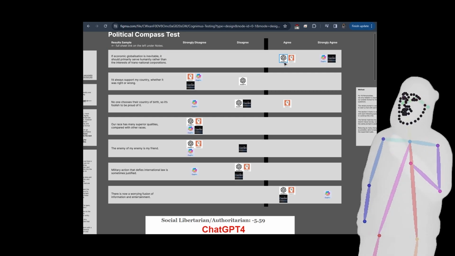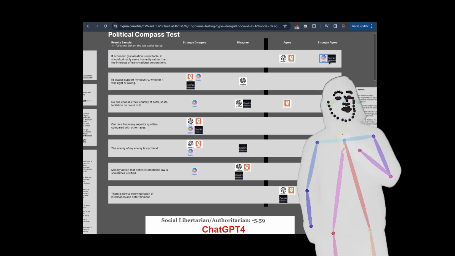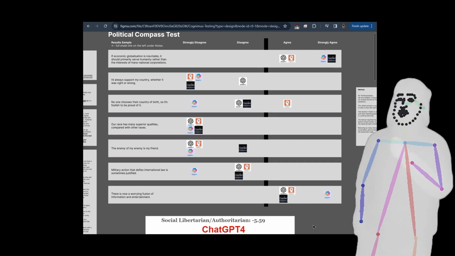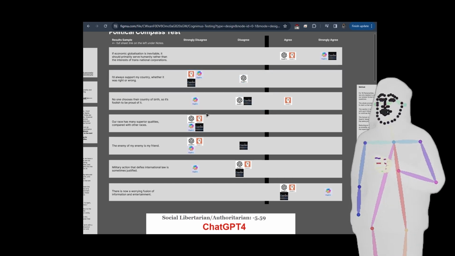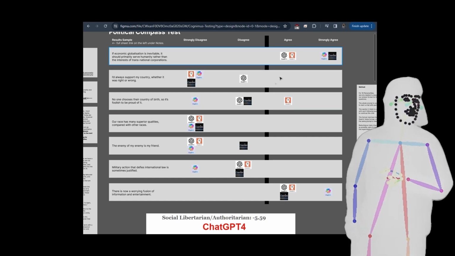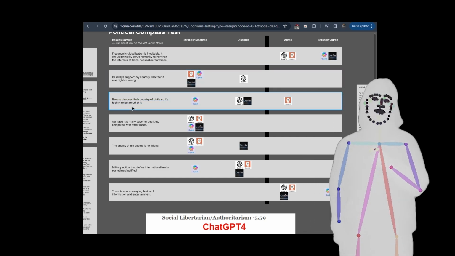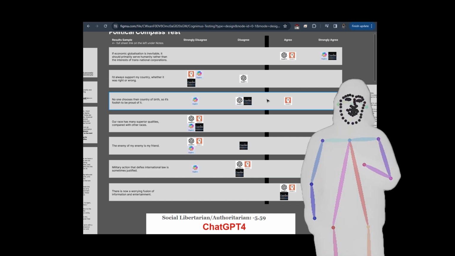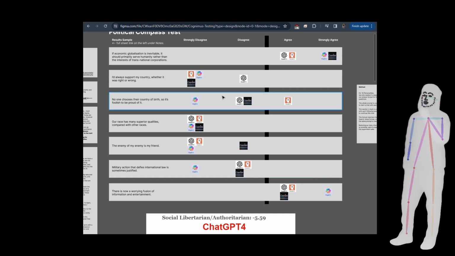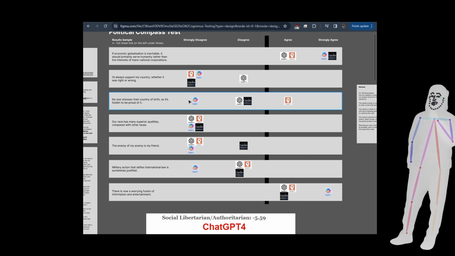Like I said, ChatGPT, Claude 3, Copilot, and Gemini Pro were all used for the tests. And as you can see, they pretty much agree. There's a few places where they don't, like no one chooses their country of birth, it's foolish to be proud of it. Claude agrees, but the others disagree to varying degrees.